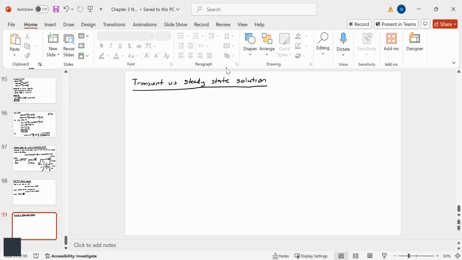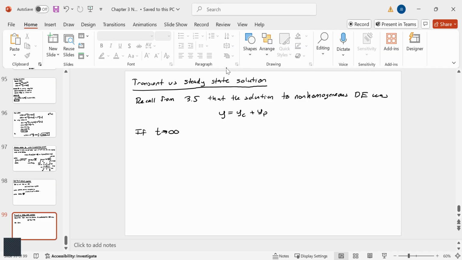Recall from 3.5 that the solution to non-homogeneous differential equations was y equal to yc plus yp.